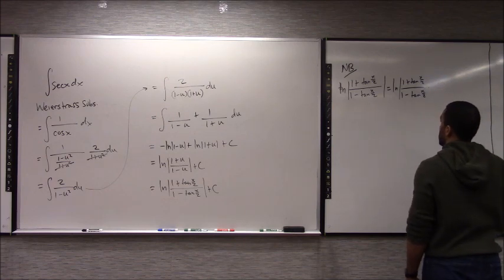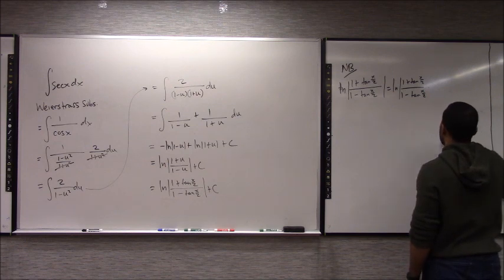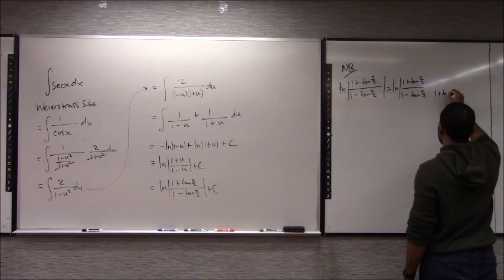I want to multiply and divide by something convenient, 1 plus tangent x over 2.